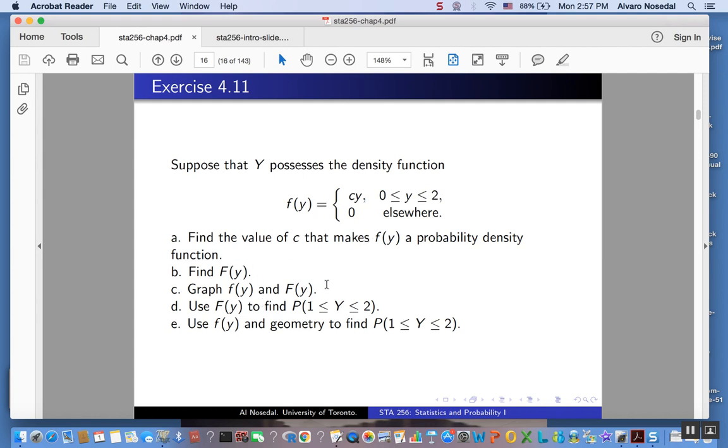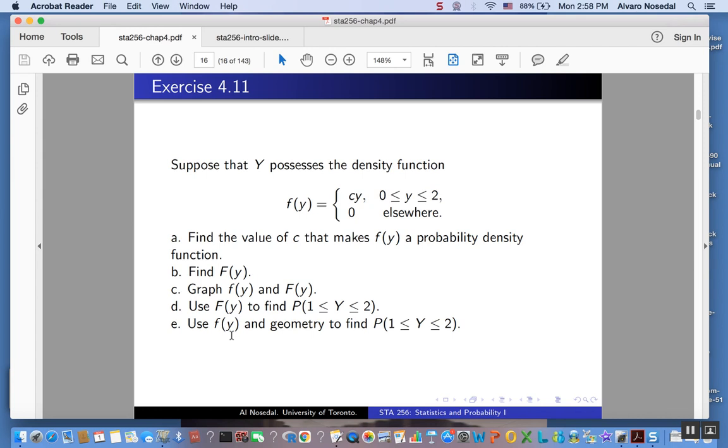Part D, once we have the CDF, we would like to use it to find the probability that the random variable y is between 1 and 2, including 1 and 2. And finally, we would like to find the same probability, but using geometry and the PDF. Make sense?